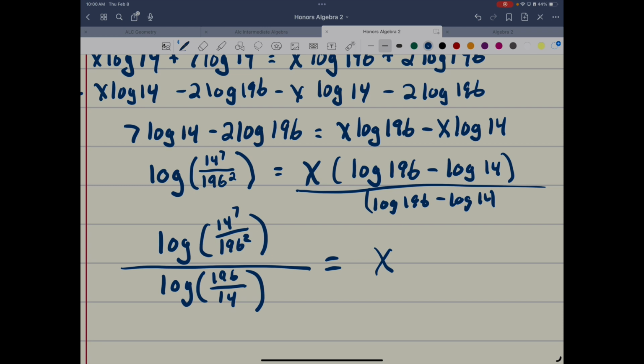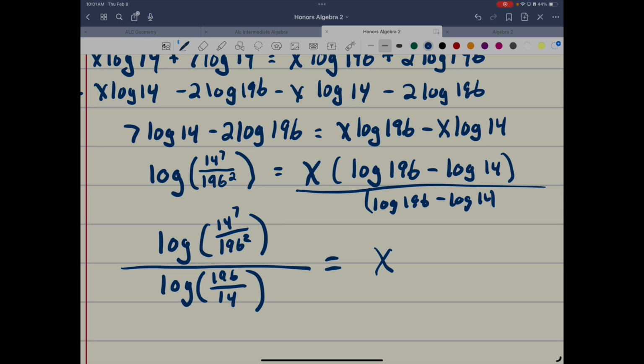Close the parentheses. Divided by log 196 divided by 14. Close parentheses. Press the button and it says 3. That's so satisfying that you did that. Look at that.